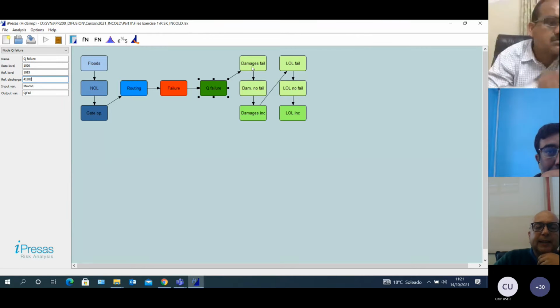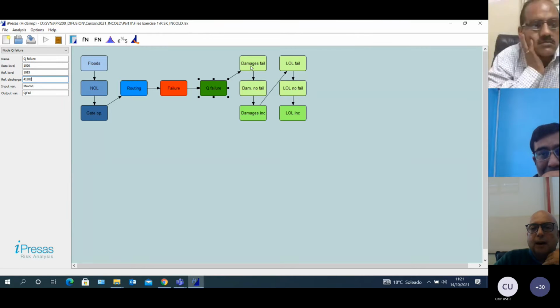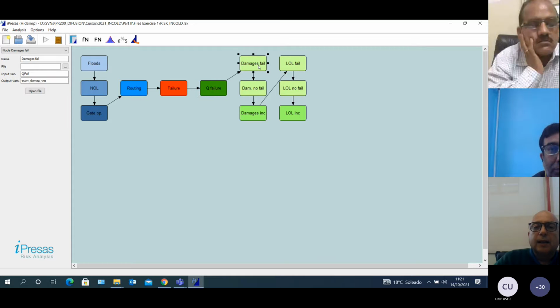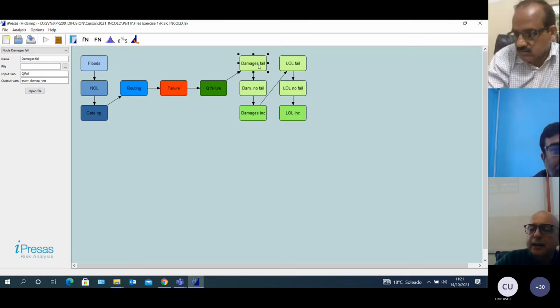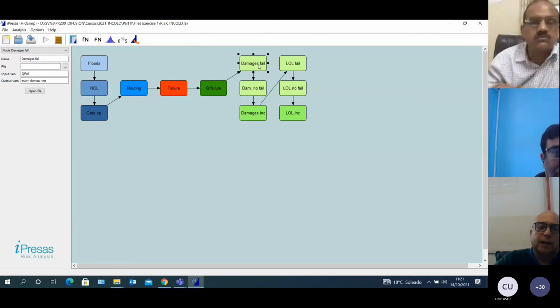Now we need to let him know what are the economic consequences and loss of life consequences, either if the dam breaks or not. But we have Excel files that have pre-calculated that for us.